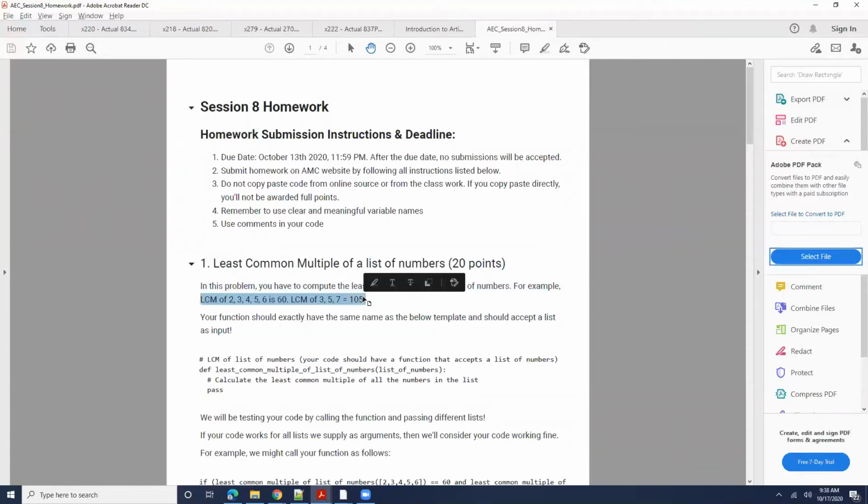Okay. One method. Anyone else? Any thoughts? I first created a prime variable and started it off as 2, and then I checked whether it was prime with a for loop, and then I divided each of the numbers by the prime, and if it was divisible, I would change the number to the number divided by the prime number, and I would append the prime number to a factor list.